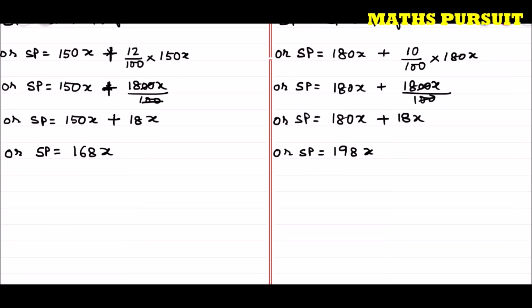Now, therefore, here selling price is equal to 168x. This is most important, that we got this selling price, guys. This selling price is in rupees, because this is selling price. This selling price is in rupees 168x.